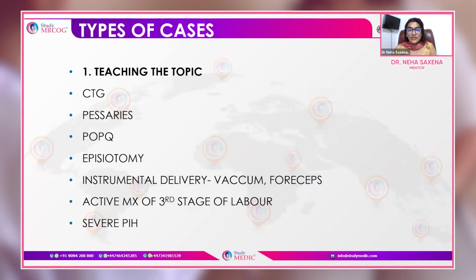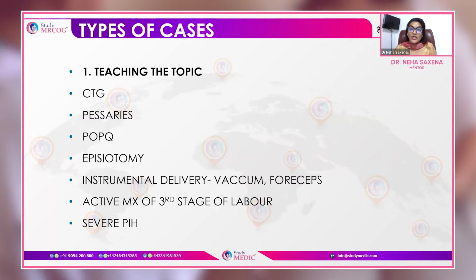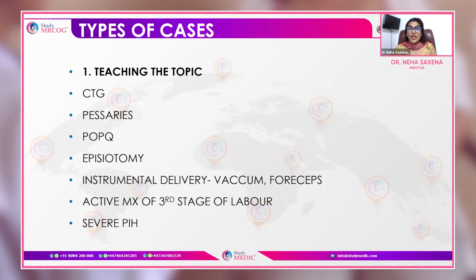As you all know, the teaching module is one of the stations out of the 14 modules during our actual exam of Part 3. So, what type of stations will you be dealing with in the exam?